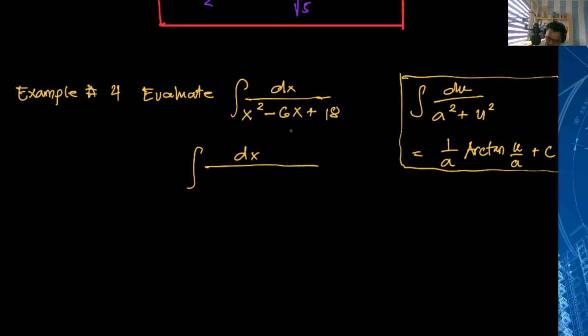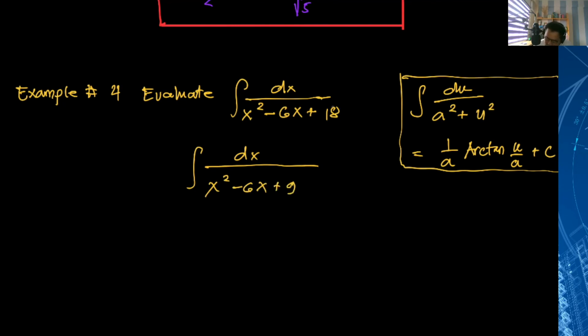To solve for the constant, we divide this 6 by 2 and square that. If we divide 6 by 2, this becomes 3, and squared becomes 9. So therefore, we need a number 9 here to be able to transform this into a perfect square. So I will write that x squared minus 6x plus 9. So this is now a perfect square.